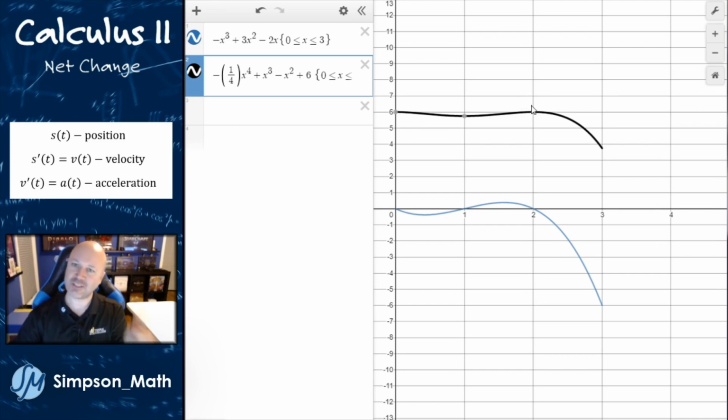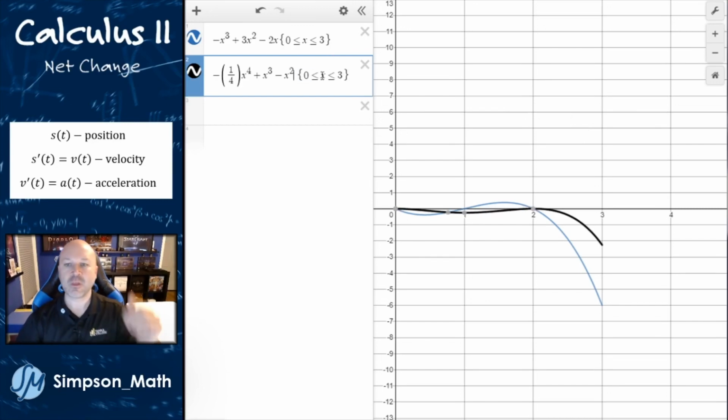No change after 2 seconds. Then in the last second, I went down from 6 to what looks like 3.75. So that's that same negative 2.25. If I have no c at all, the graph is just shifted all the way back down to the x-axis. It's hugging it. So I go down, up, and then down about negative 2.25.